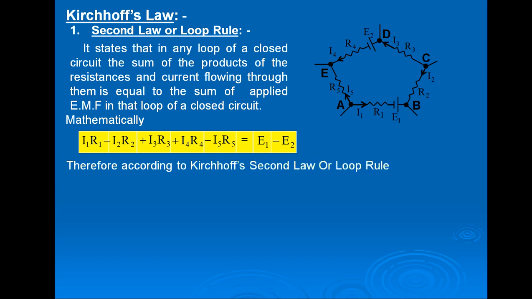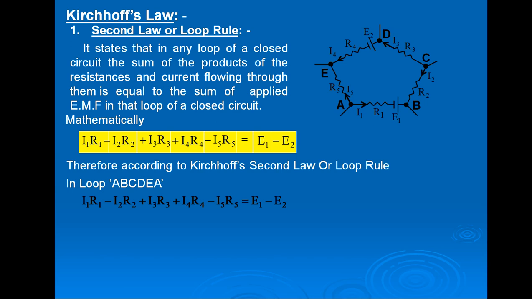Therefore, according to Kirchhoff's second law or loop rule, in loop A, B, C, D, E, A, we get I1 R1 minus I2 R2 plus I3 R3 plus I4 R4 minus I5 R5 is equal to E1 minus E2.